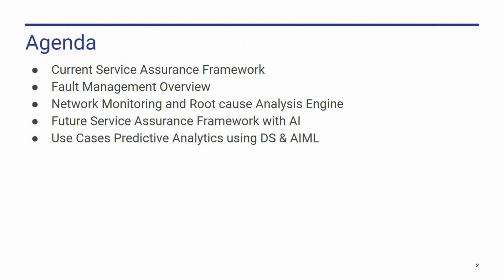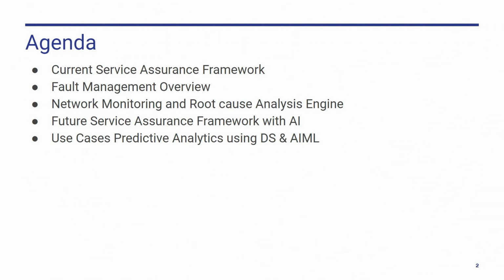The fault management overview will cover a basic route right from the bottom layer of data, that is where we take the alarms, up to the top where the alarms are being thrown or where they are going to be seen. The next part will be network monitoring and root cause analysis.